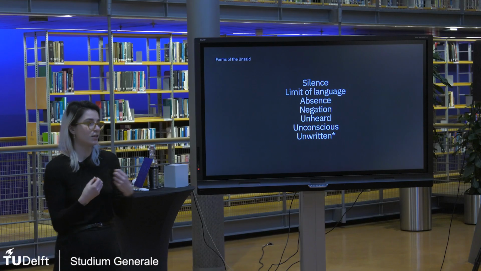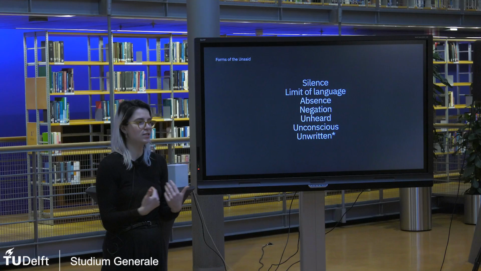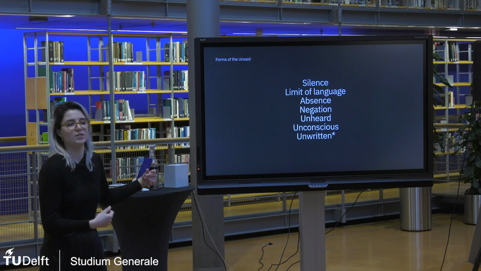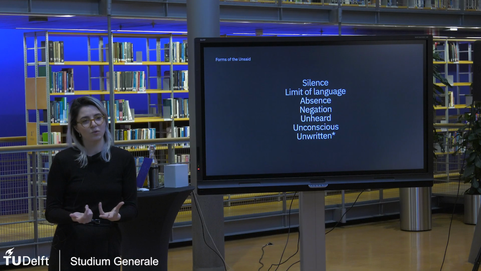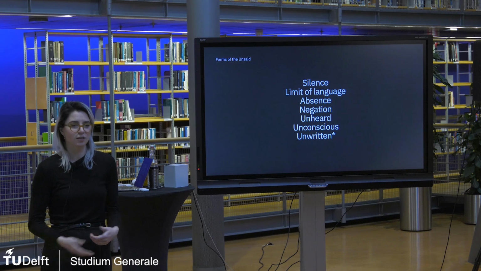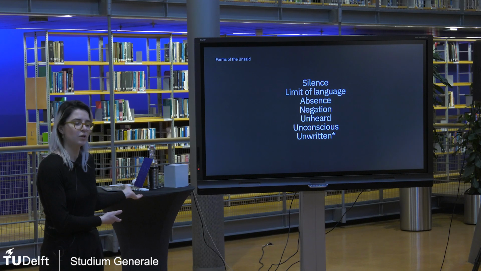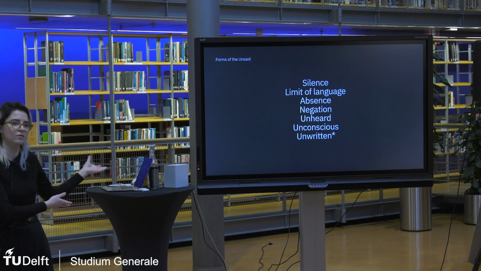So even if it doesn't belong to your unsaid, it simply is missing. And it also means that if it is unwritten, or if we have not formalized it in one way or the other, because we live in a society that prefers everything being rationally explained, that means that unwritten will also be uncoded in our machines.